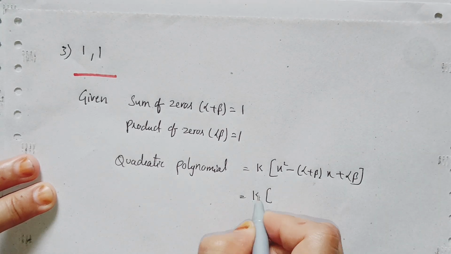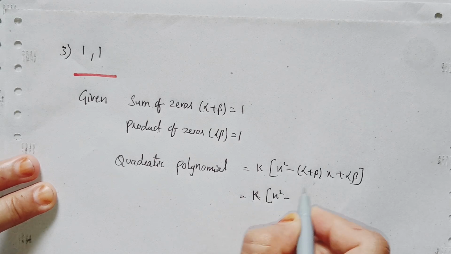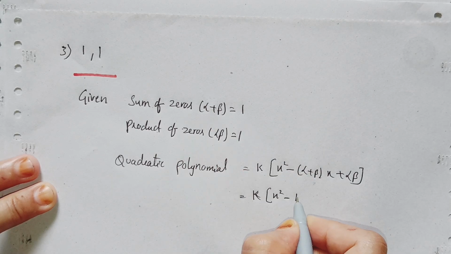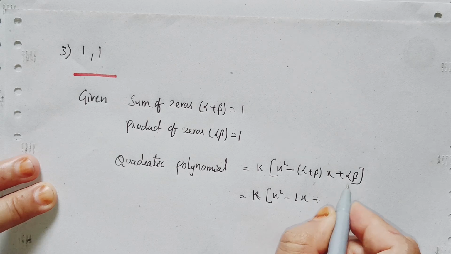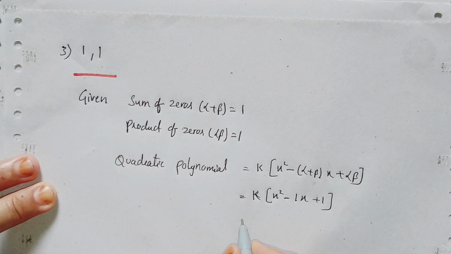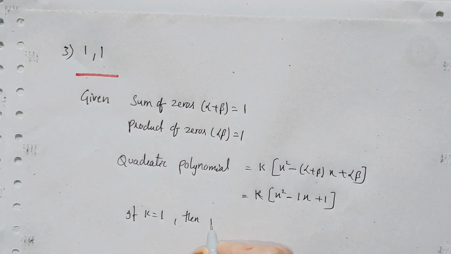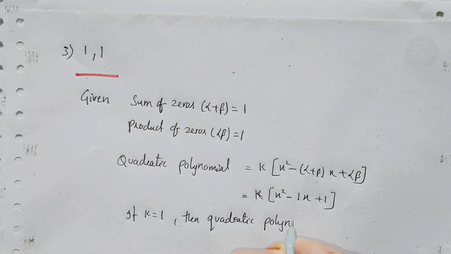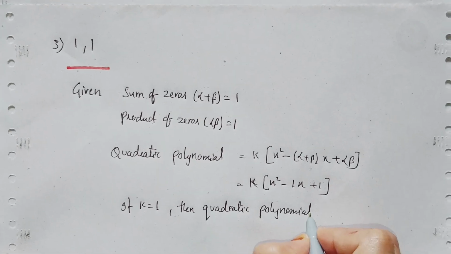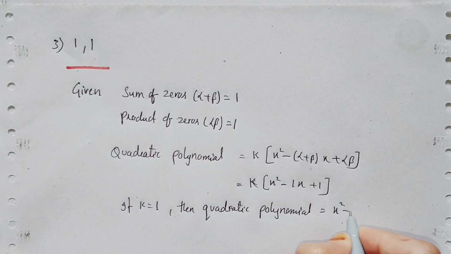So k of x square minus alpha plus beta means 1 into x plus alpha beta means 1. Therefore, if k equal to 1, then the quadratic polynomial is x square minus x plus 1.